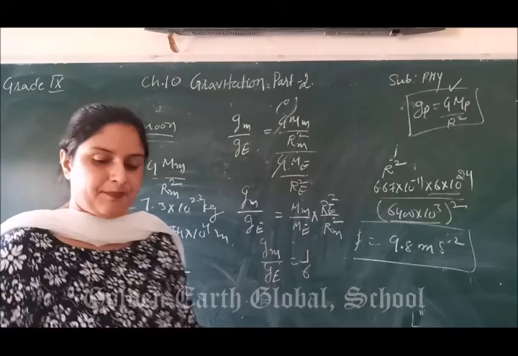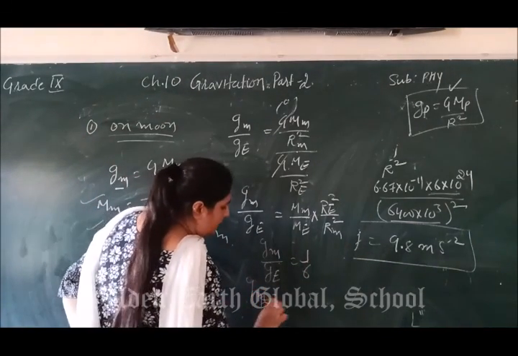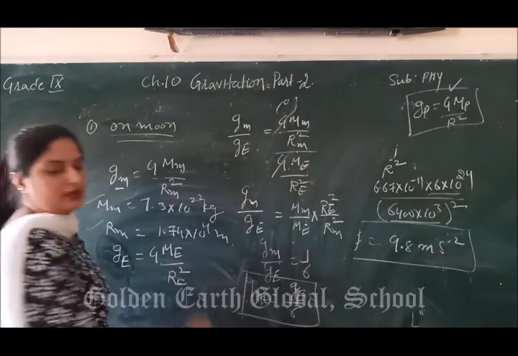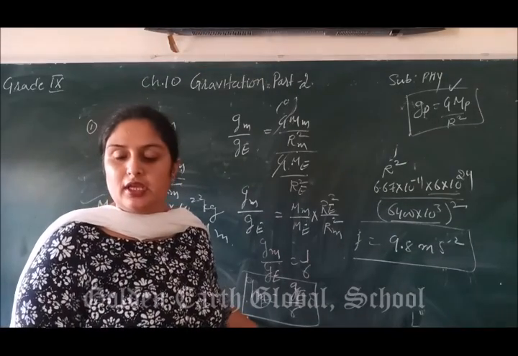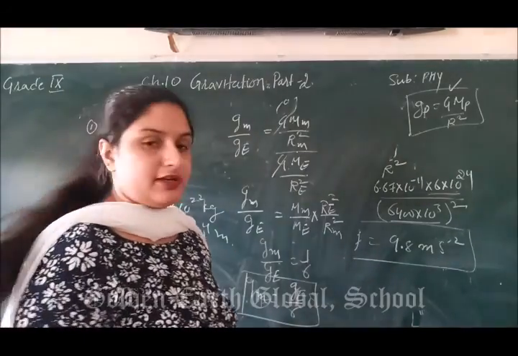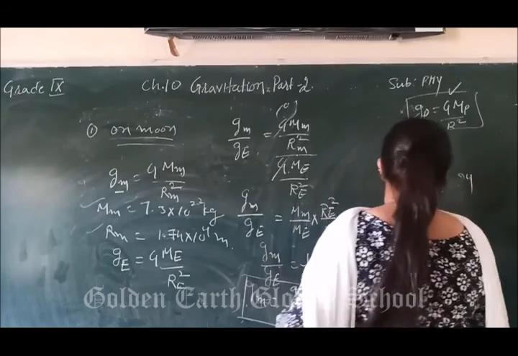So Gm will be equal to Ge upon 6. This is the acceleration due to gravity on the surface of the moon. It is 1/6 times the acceleration due to gravity on the surface of the earth.